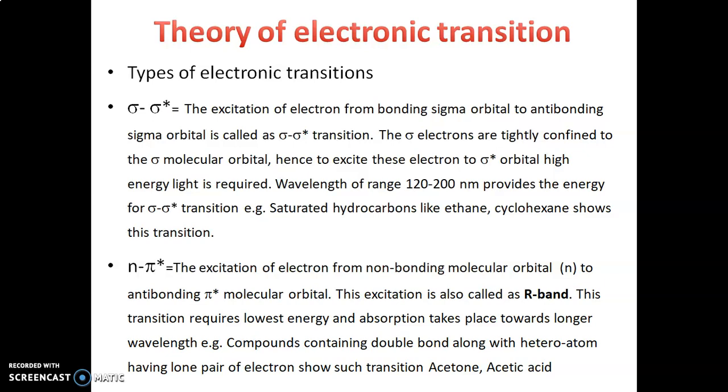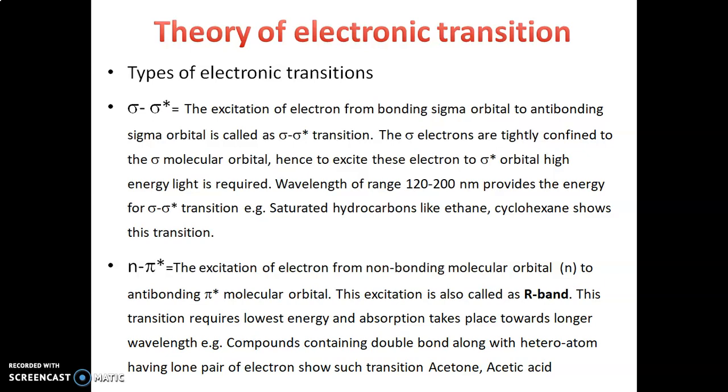The energy gap between non-bonding orbital and pi star antibonding orbital is the lowest one. Hence, very low energy is required to excite the electron from the n orbital to the pi antibonding orbital, and hence longer wavelength will be able to carry out such transitions.